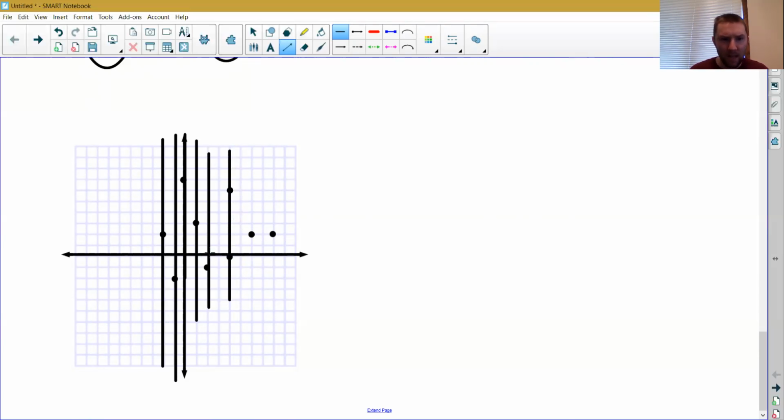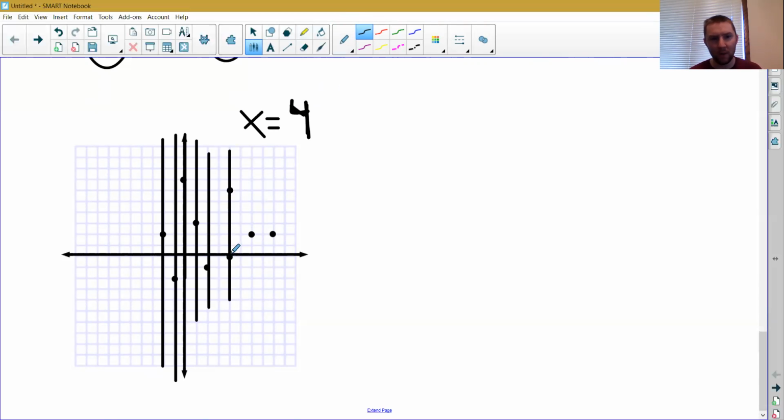So that means that this x value, which I think is 1, 2, 3, 4, x equals 4, has 2 y values, right? One is right here just below 0.